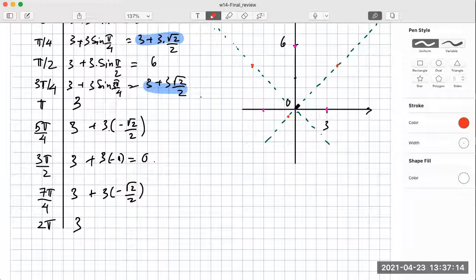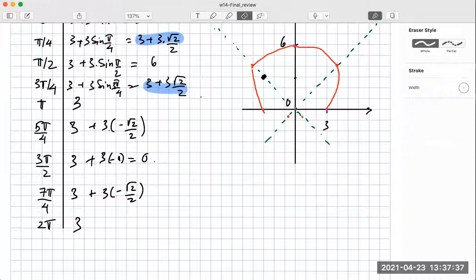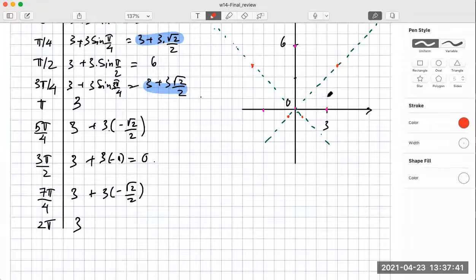And at 3 pi over 2, it should be at the origin here. And 7 pi over 4, it will go back to this guy. So now we have an idea how it looks. Let us connect all these. It should be like this, right? It's not a good drawing, I think. The 0.5, I'm not sure.